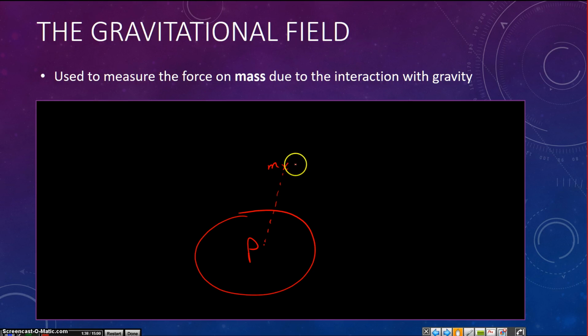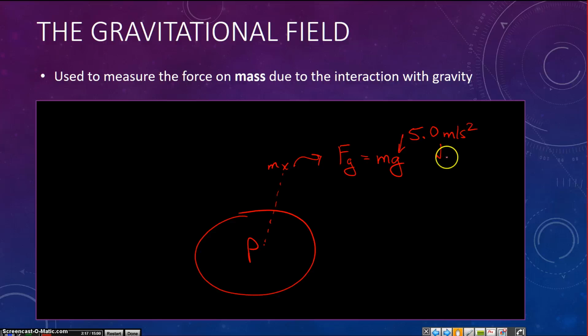And when we calculate the force of gravity on the mass at this location X, we said, and we did this at the very beginning of the course, we said the force of gravity is equal to the mass times what we call the acceleration due to gravity, little g. Well, it turns out that what this acceleration due to gravity, this little g, is, it's a measure of how strong the gravitational field is at that point in space. And so, say that this little g had a value of 5 meters per second squared.